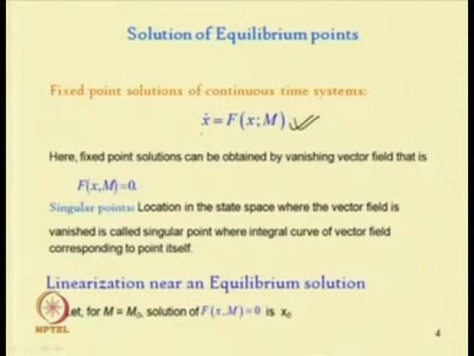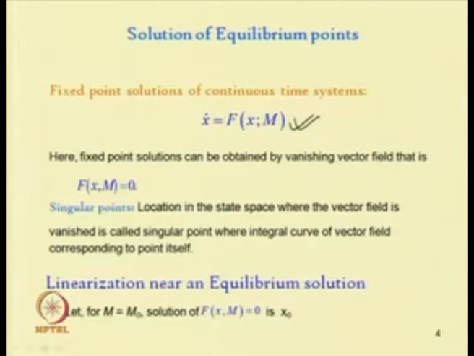If x double dot, the acceleration terms, are also there, then we may put that also equal to 0. In this first order equation, x dot equal to 0 reduces it to f(x, m) equal to 0, from which we get the value of x, which corresponds to the equilibrium positions.